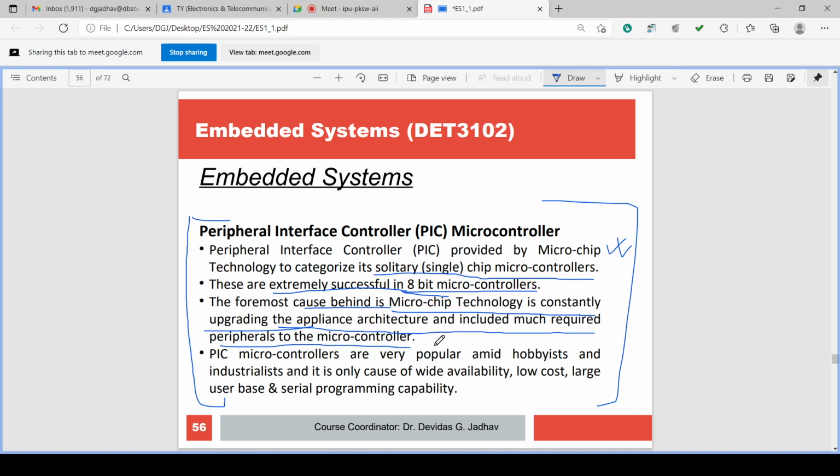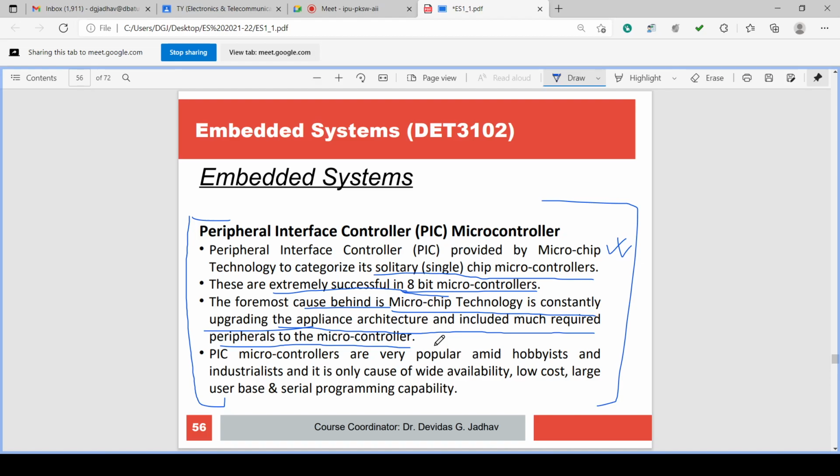PIC microcontrollers are very popular with hobbyists and industrialists because of wide availability, low cost, large user base, and serial programming capability.